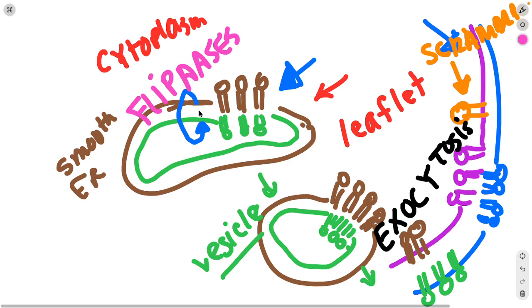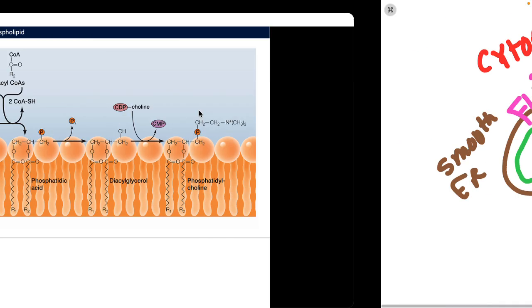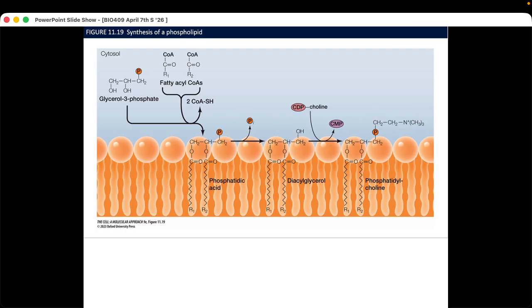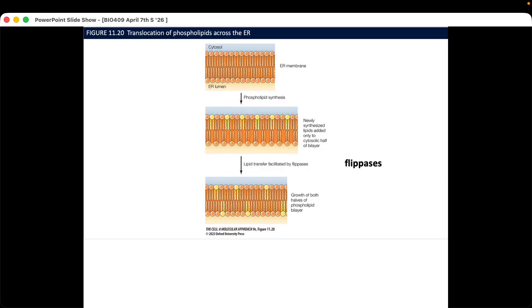It's more like, oh gosh, kind of chaotic naming. But we got good names. Scramblase is in the cell membrane, right? Like that. And flipases are in the smooth ER. And so good information about the smooth ER, okay? And that's the big role of it there. And so in doing that, the book wants to talk about that. It's just talking about those two leaflets, like that, right? Okay?